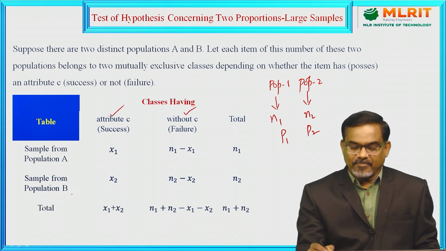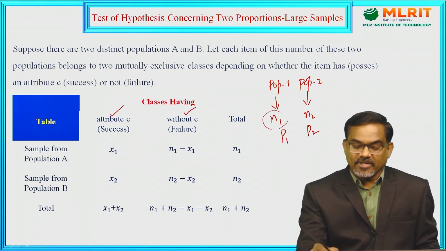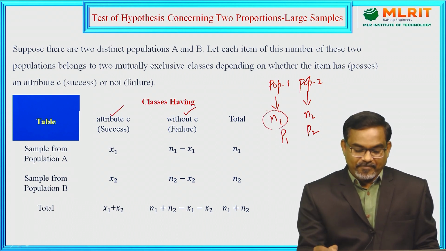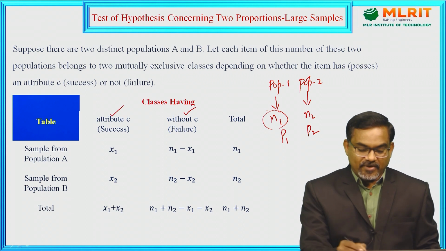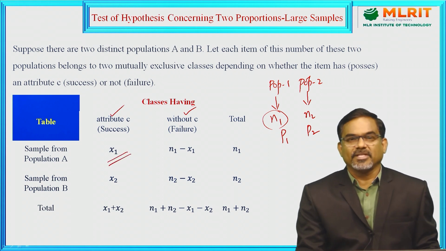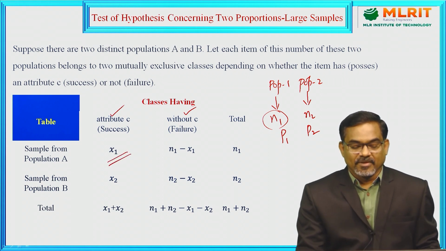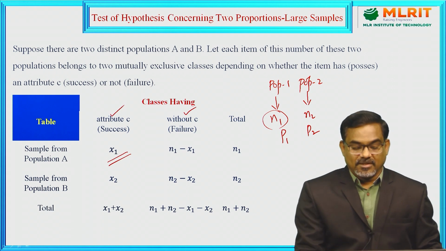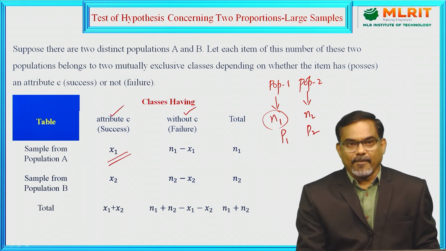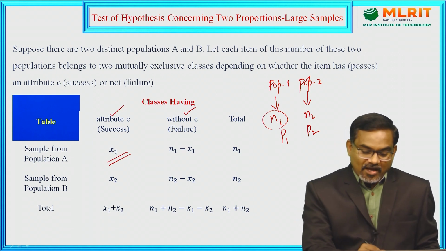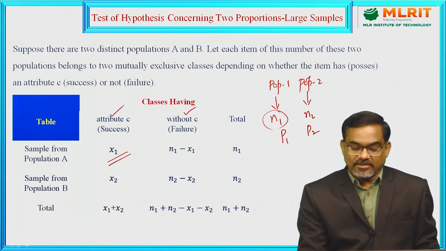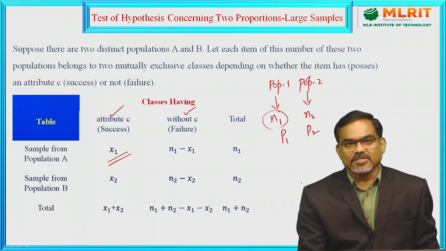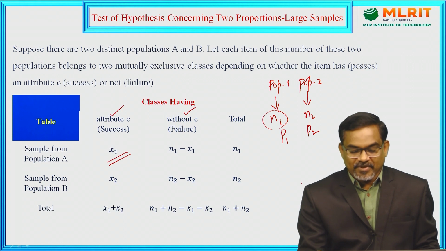For example, a sample of size n1 is drawn from population A, and out of n1, let us suppose x1 is the number of successes, which comes under items having the attribute. If there are x1 successes out of n1 trials, then n1 minus x1 must be the number of failures, and the last column gives the total.